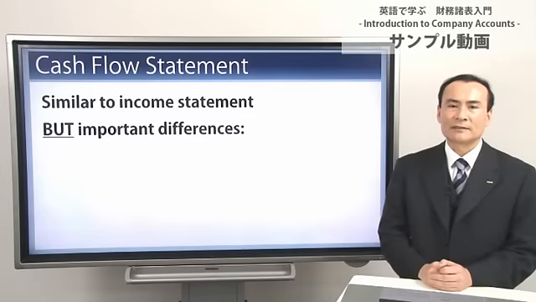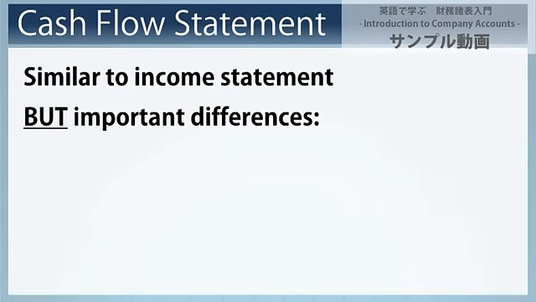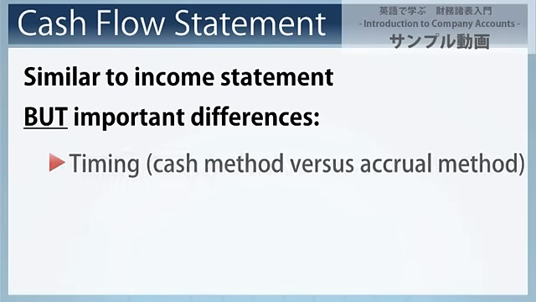The cash flow statement sounds the same as an income statement. So before we proceed, we should bear in mind a couple of important differences. The first is timing. That is, between the time the income or expense is recorded and the time the cash actually comes in or goes out.